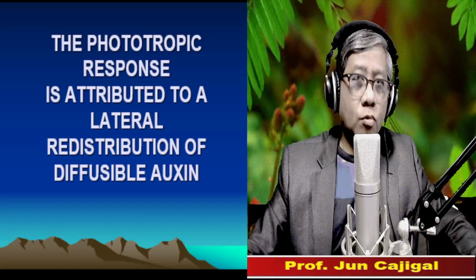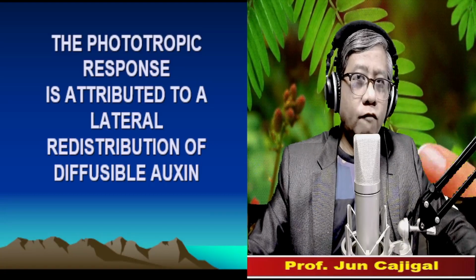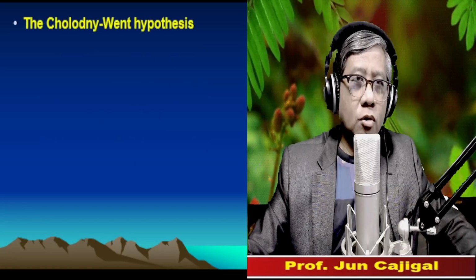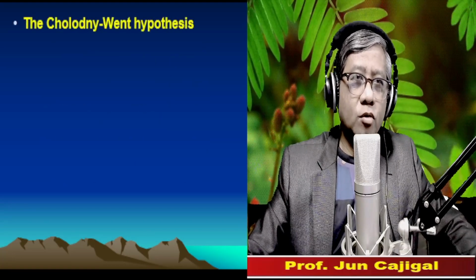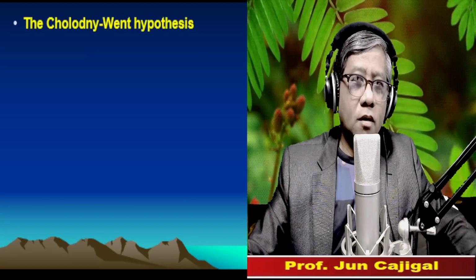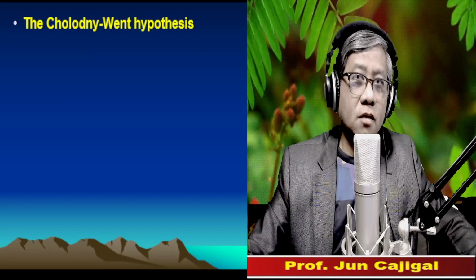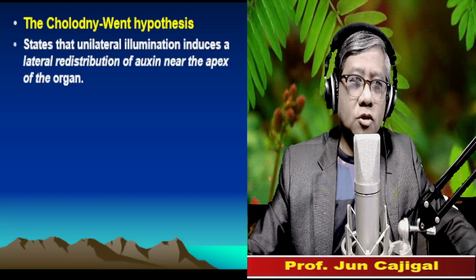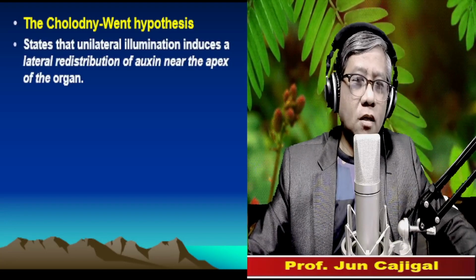The role of auxin in phototropism can be explained through the so-called Cholodny-Went hypothesis.